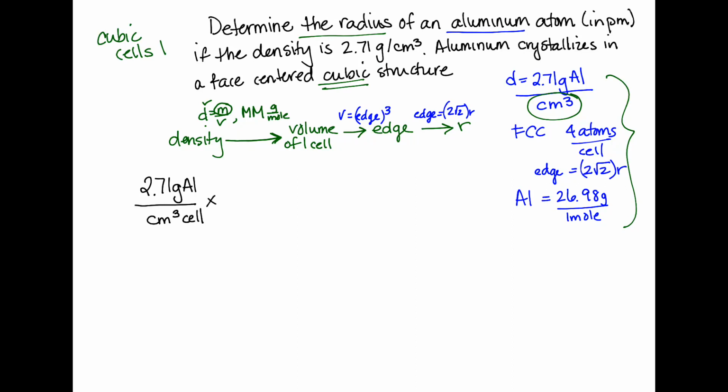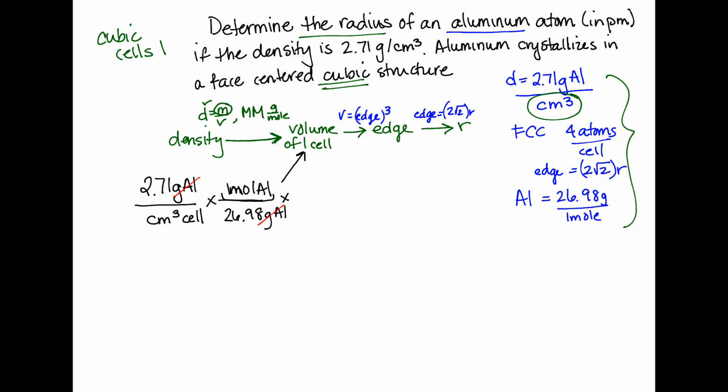All right, and the first thing that I'm going to do is I'm going to cancel out those gram units, and I'm going to use the molar mass. The molar mass is 26.98 grams of aluminum for 1 mole of aluminum. So it's very satisfying to me to cancel out those units. And then I'm trying to get from moles of aluminum to unit cells.